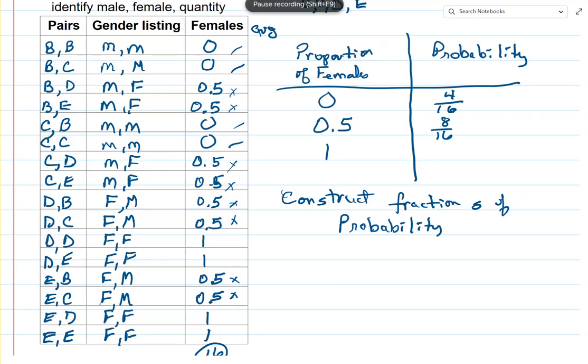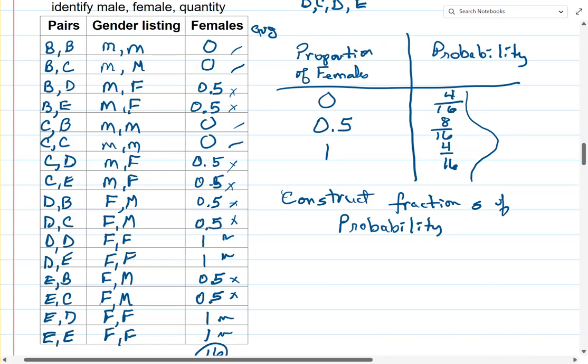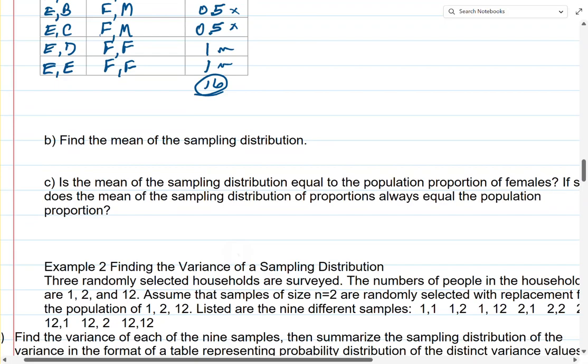And on the ones, I have 1, 2, 3, 4. 4 out of 16. Notice that we have a what? Yep, a normal distribution of the probabilities of these means. So, and that's what we're studying. We're proving that we have this condition happen. Very small math. So let's see what the next question says.